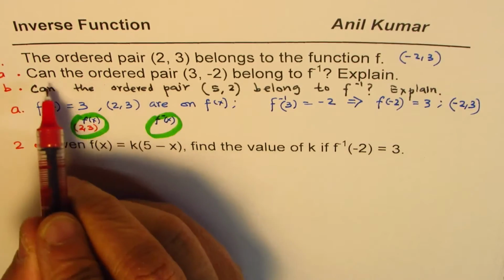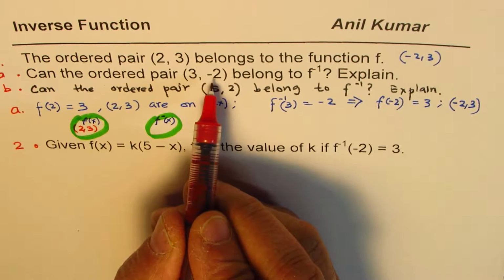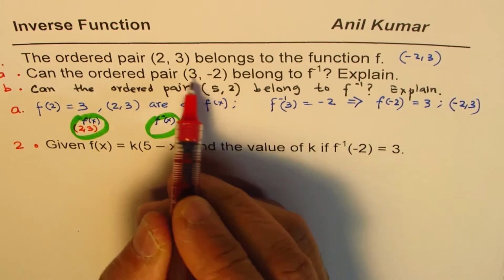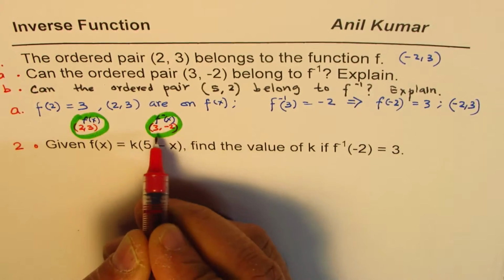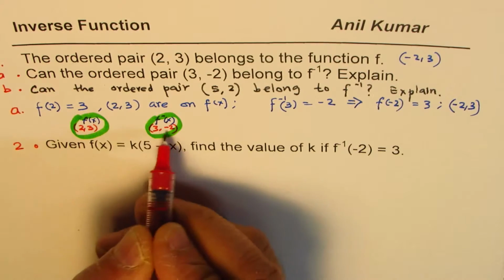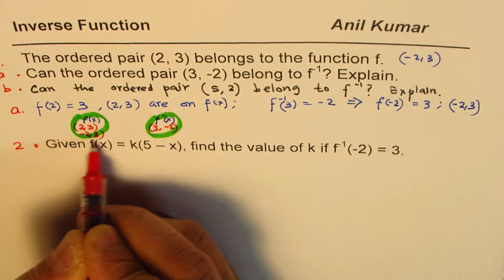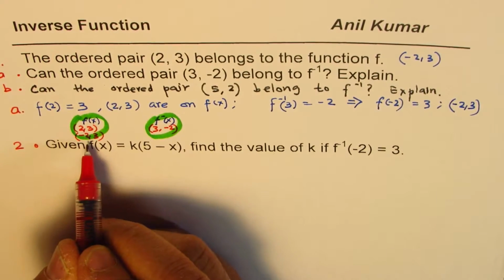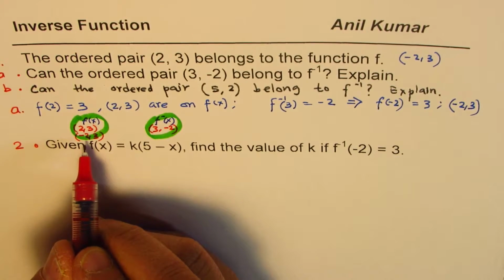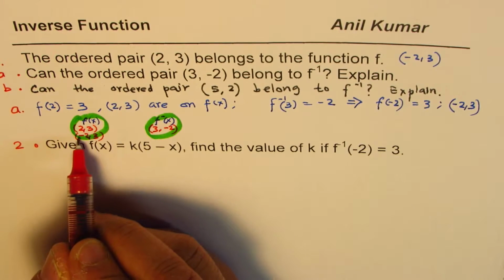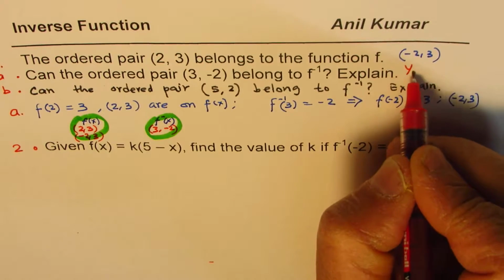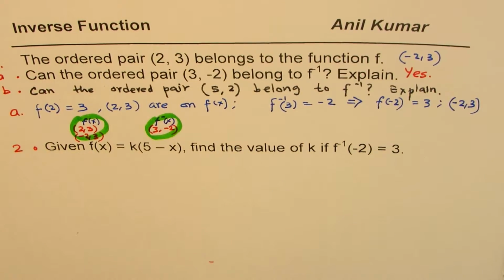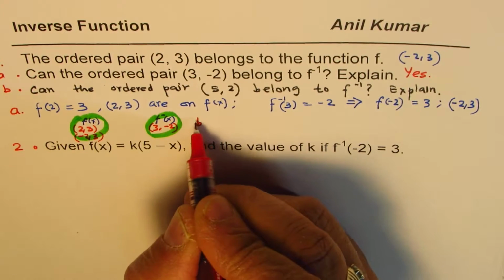Now we are saying, can the ordered pair (3, -2) belong to f inverse? If I put this point here, it will be (-2, 3) on the function. Can it belong or not? That is what you have to figure out. Well, 2 is mapped to 3, and -2 is mapped to 3. That is perfectly fine. So the answer is yes. Yes, it can. Why not?